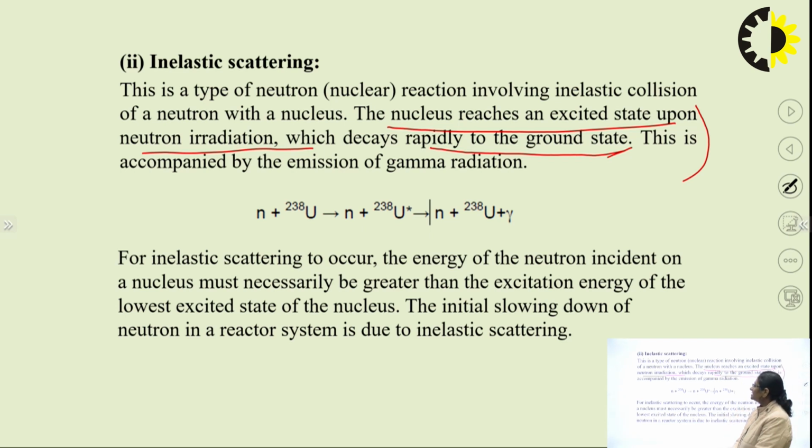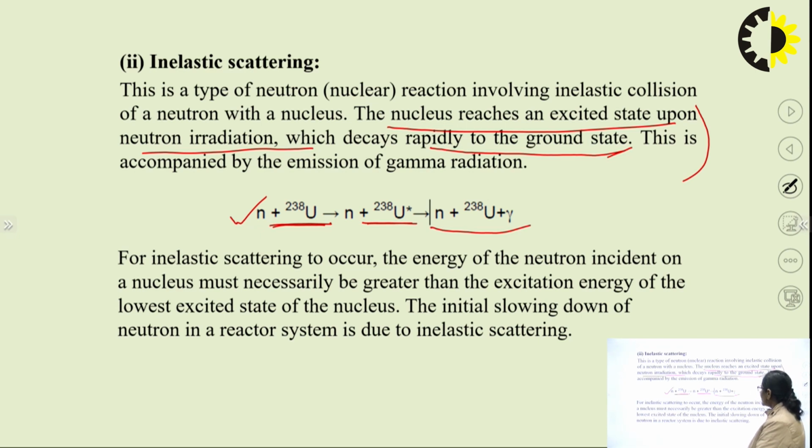So, here you can see a neutron having inelastic collision with U-238, because of which U-238 enters the excited state and later on this results in gamma radiation during the process.